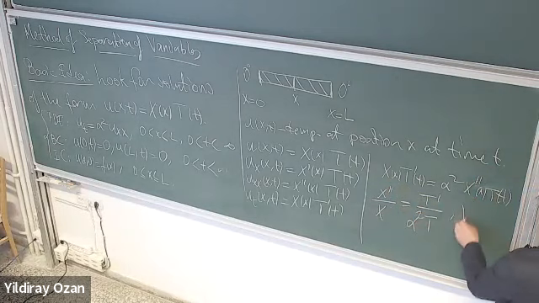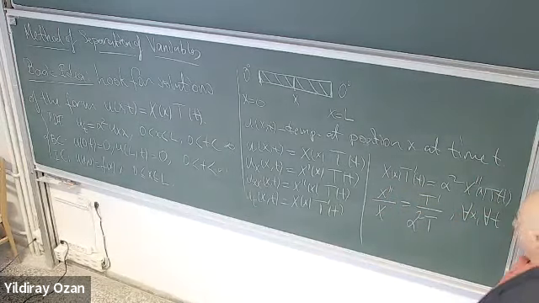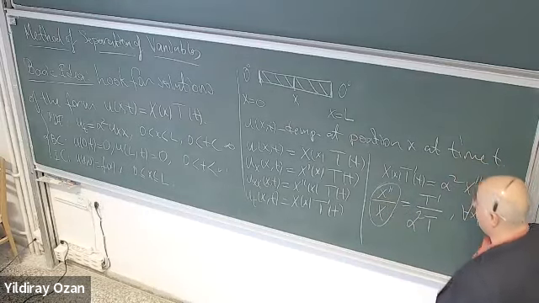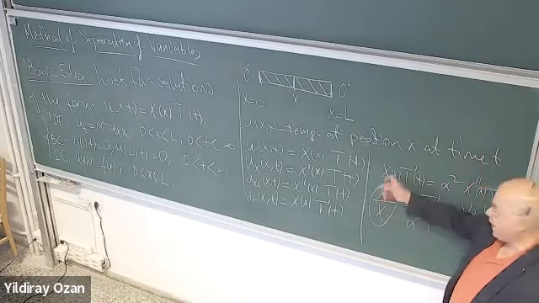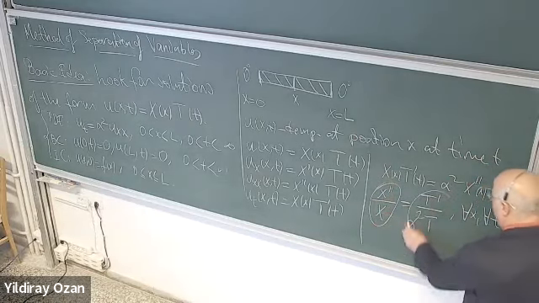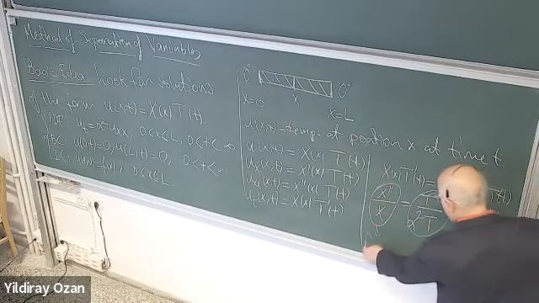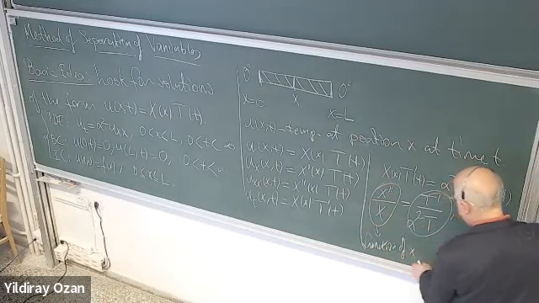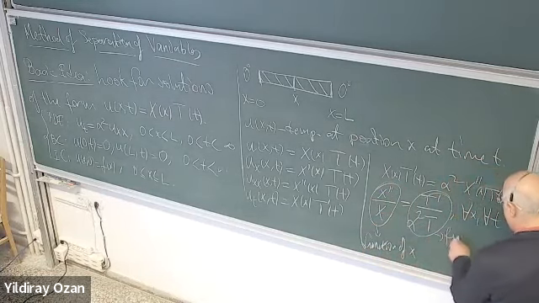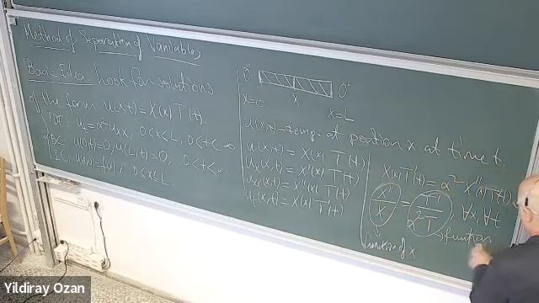Of course, this is true for all x and for all t. Okay. Well, this function here is a function of x only, and this is a function of t only.